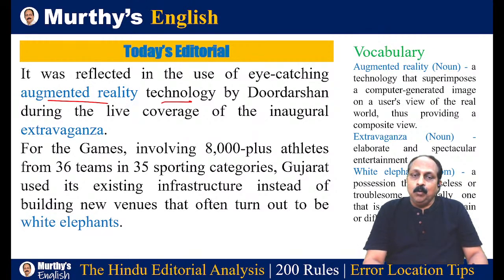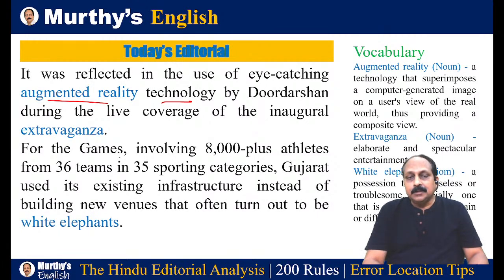Further games involving 8,000 plus athletes from 36 teams in 35 sporting categories, Gujarat used its existing infrastructure instead of building new venues that often turn out to be white elephants. A bit lengthy, but what does it try to convey?